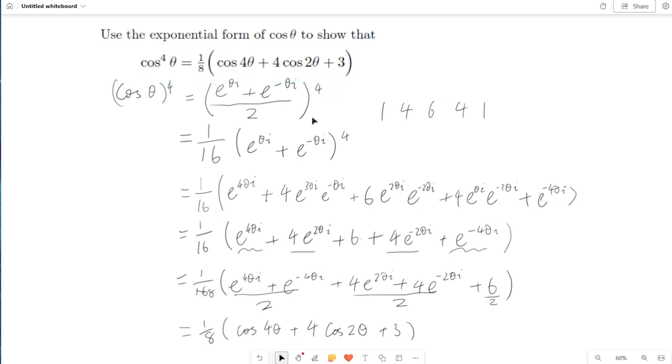As you can see here, expressing trig ratios with exponents or complex numbers actually can simplify some of the trigonometric identity problems quite substantially.